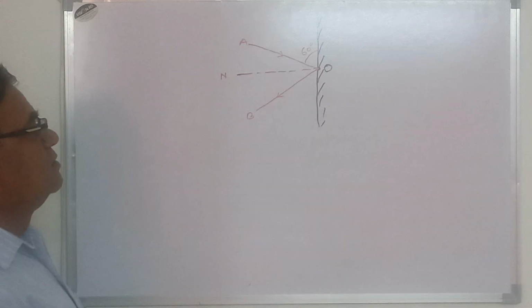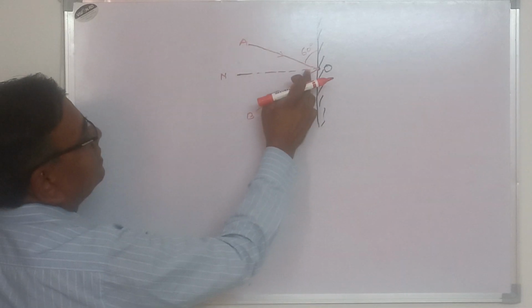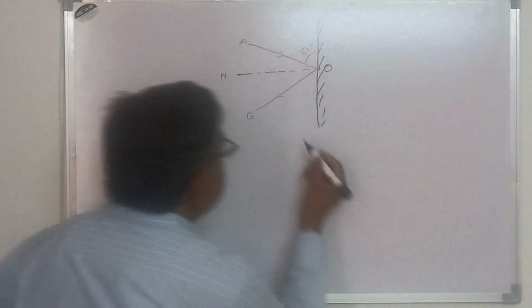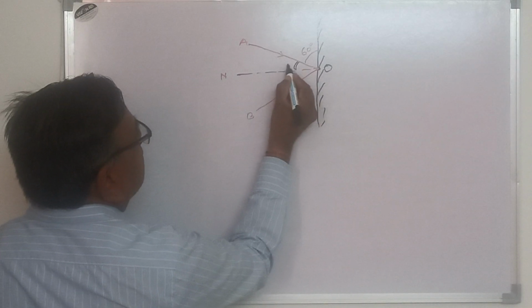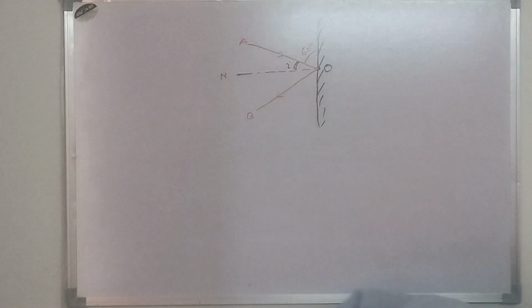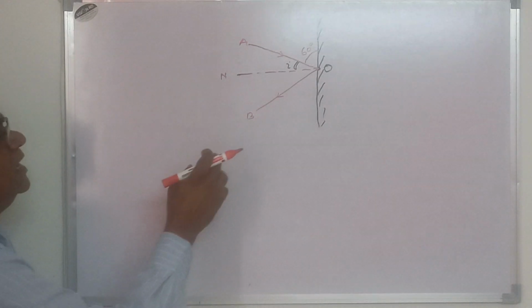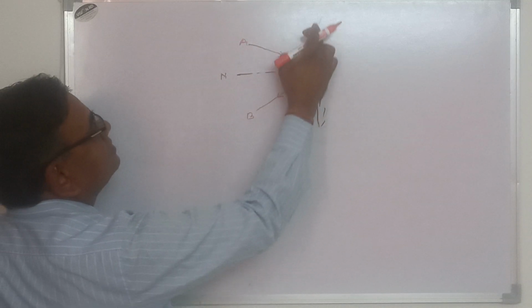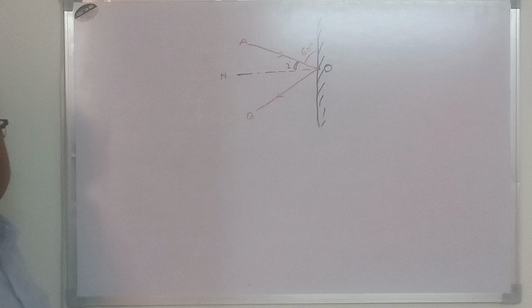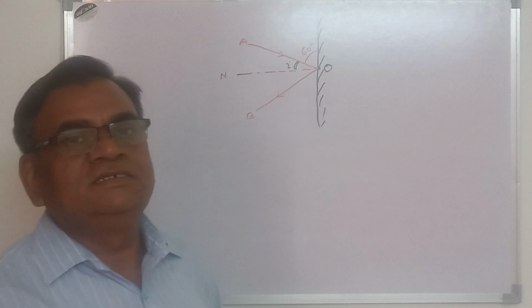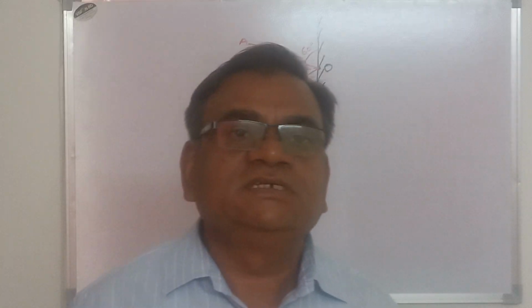Generally we take this angle in our study, this angle I. But here the question says that angle between the incident ray and the reflecting surface of the mirror, या कहता है कि incident ray makes an angle of 60 degree with the mirror.